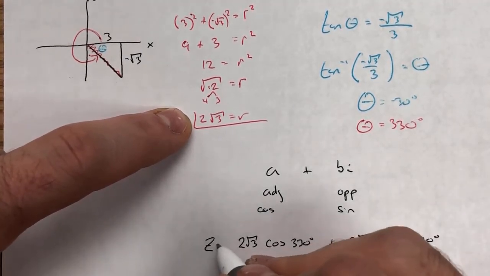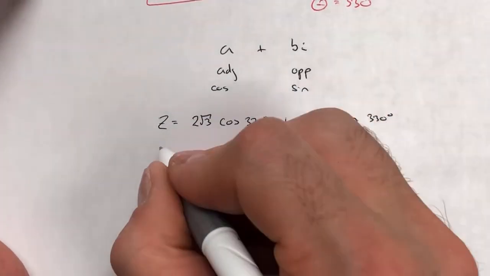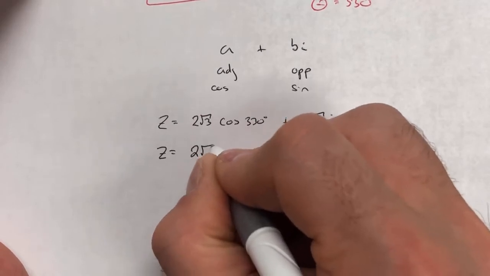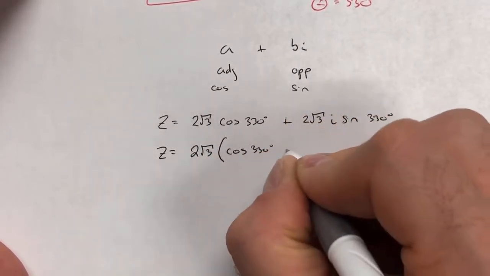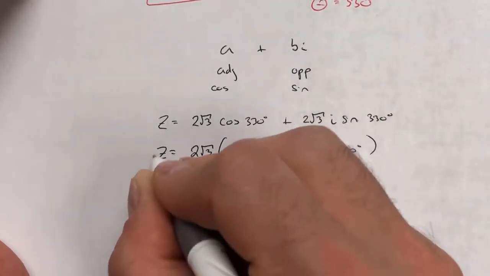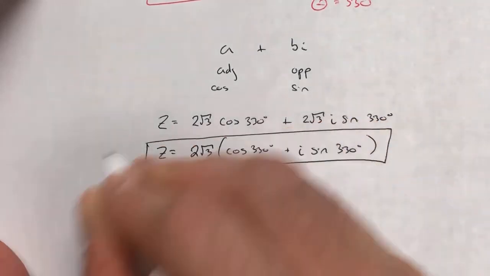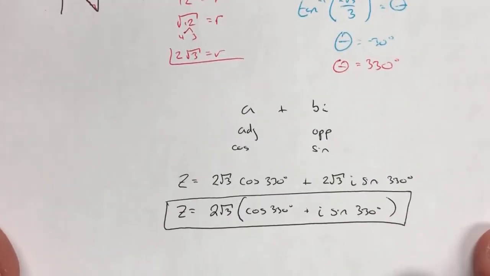And again, denoted by z typically. I'm then going to factor out that 2 root 3. So z is equal to 2 root 3 of the cosine of 330 degrees plus i sine of 330 degrees. There we go. There's trigonometric form for number 13.